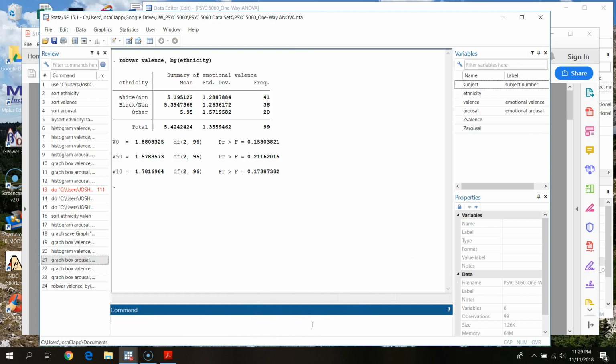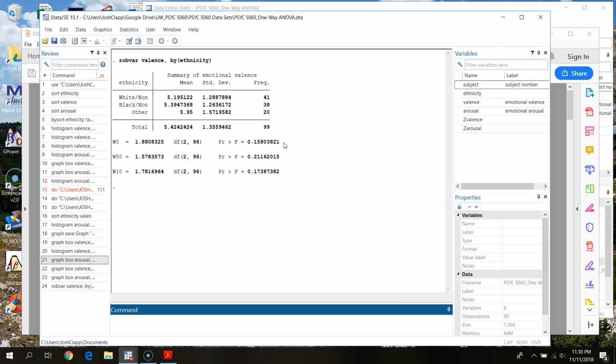If we go through and run that, this is going to give us our Levene's test for our ratings of valence. We get a number of different tests actually within the robvar command, but what we're going to look at here is our Levene's test, and we see that in terms of ratings of emotional valence, we've got no evidence of reliable differences across these.